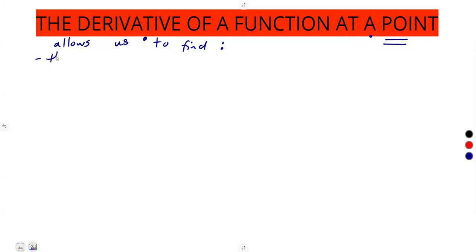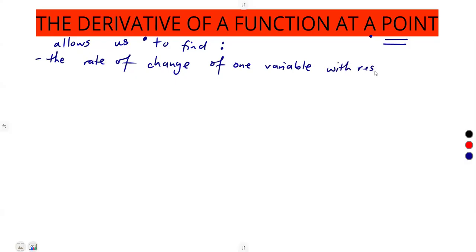The first thing is the rate of change of one variable with respect to another variable.